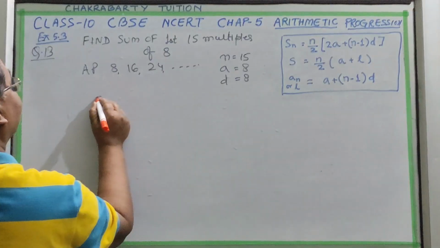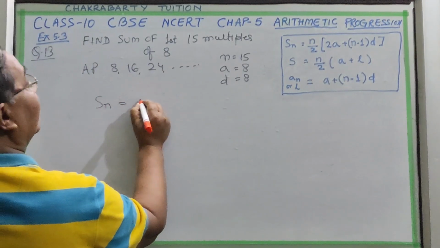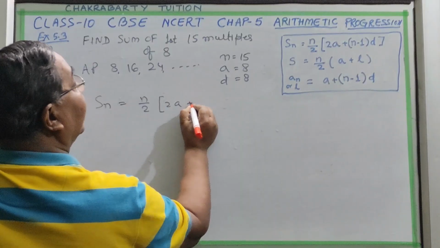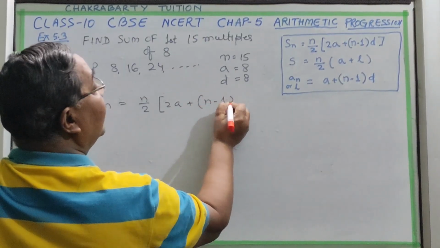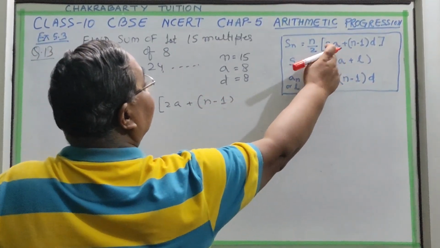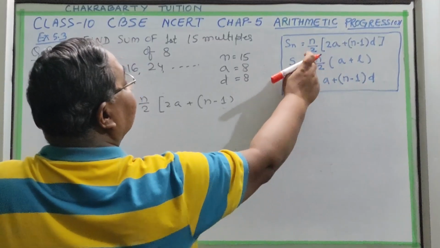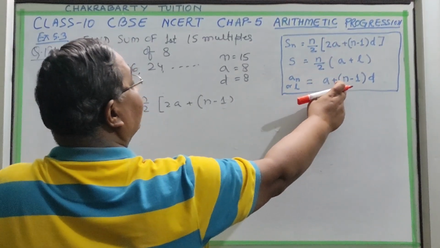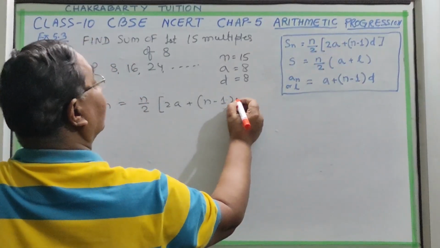So we will use the Sn formula. Sn is equal to N by 2 times (2A plus (N minus 1) D). This is the same formula, only the 2 comes here. If you have learned this formula, you can use it here also.